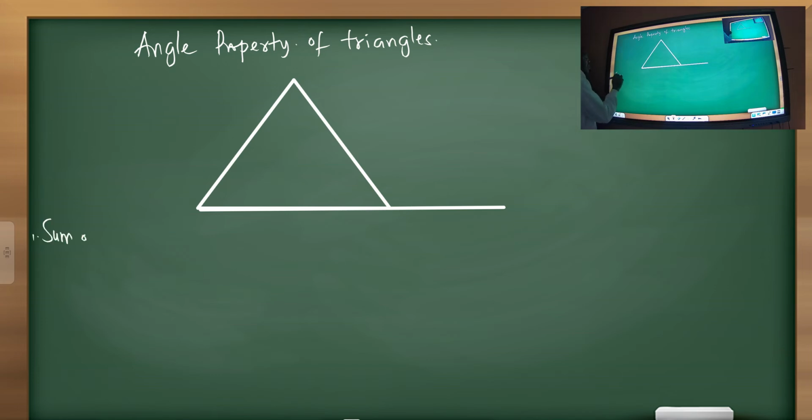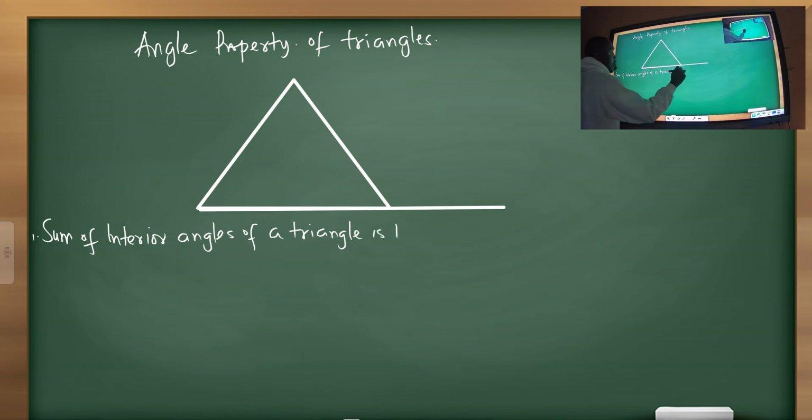All right, my small note will be: number one, the sum of interior angles of a triangle is 180 degrees.